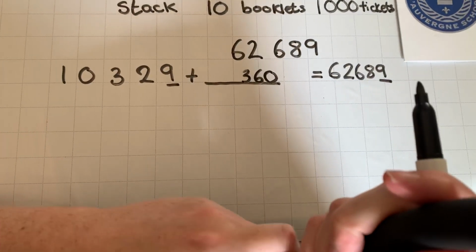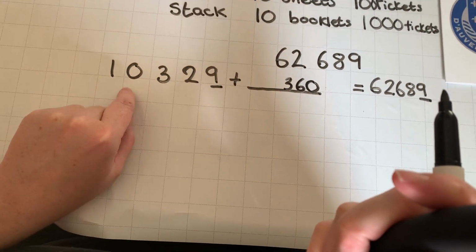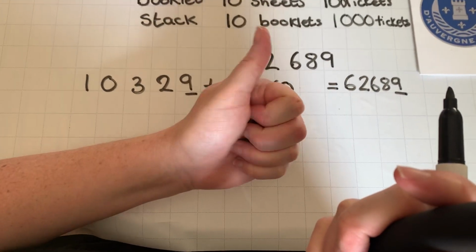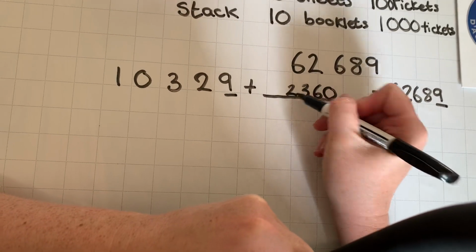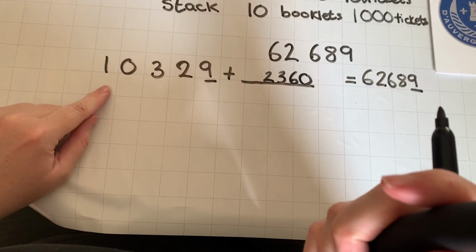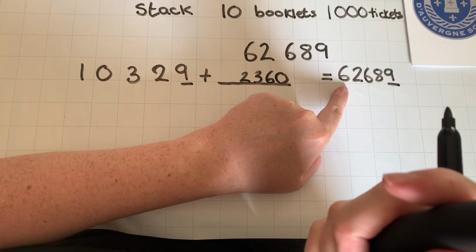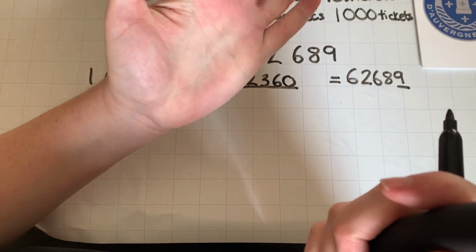300 more. Let's look at our thousands number. I've got no thousands here. Over here I have 2. If I have none, I have 1, 2. That's 2,000 extra. On this side I have 1 10,000. On this side I have 6. So I've got 1, 2, 3, 4, 5, 6.